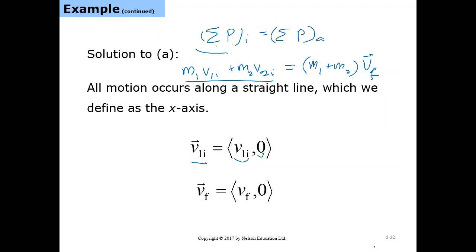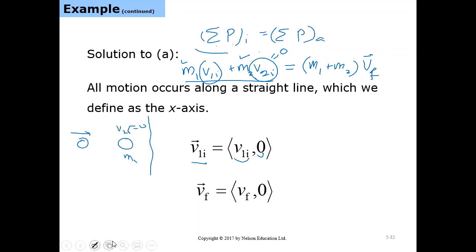Let us label it Vf. So we know this. We know this. And we know this not as a number. And we also know this as 0 because the question says M2 is at rest. It's in the question. M1 has a velocity, it is moving. M2 is at rest.